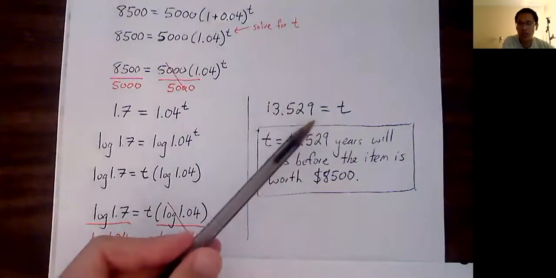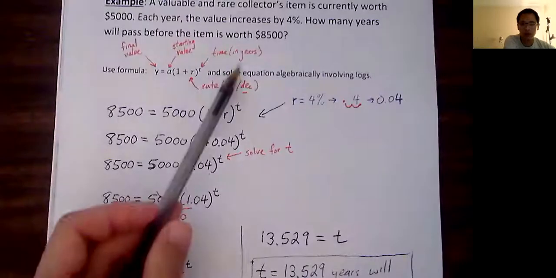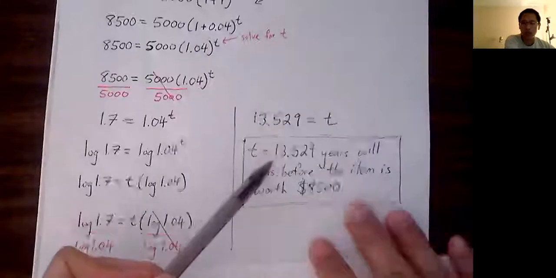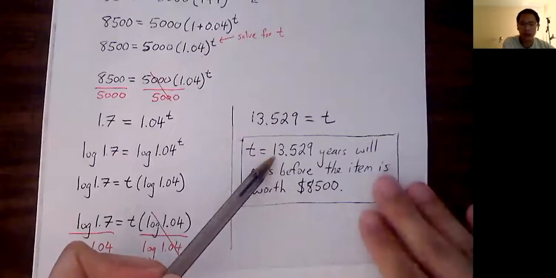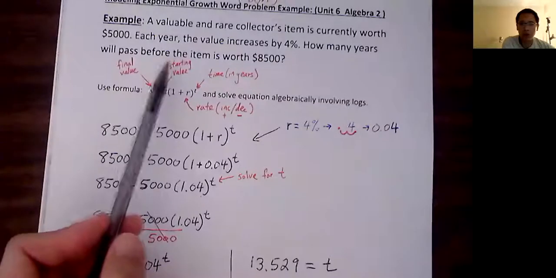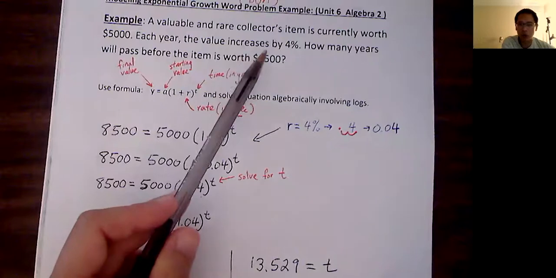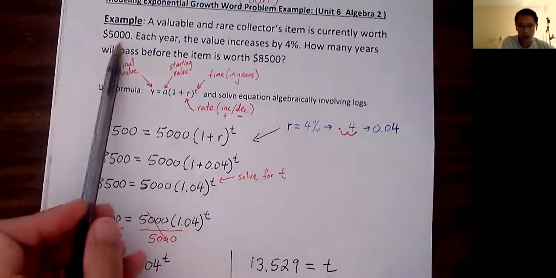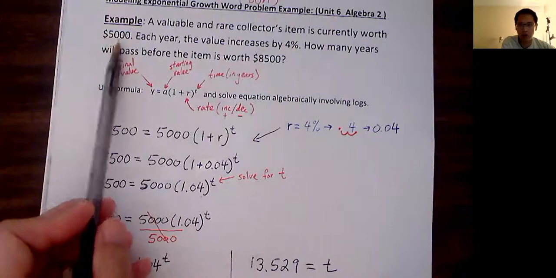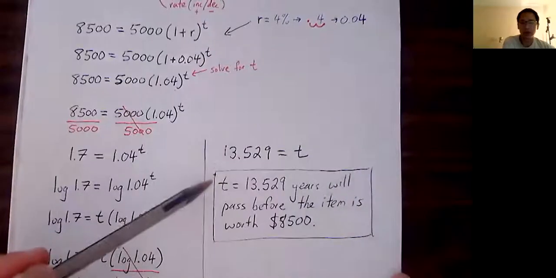So we know t is in terms of years. So it's going to take about 13 and a half years with this item growing at 4% per year. If it continues to grow by a steady 4% per year, then this item is going to grow from 5,000 to 8,500 in about 13.5 years.